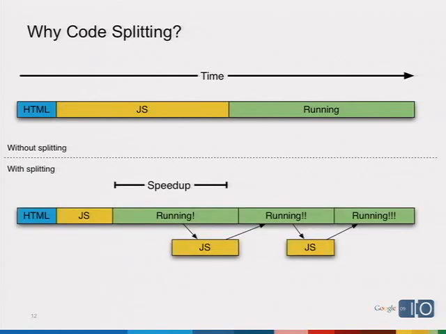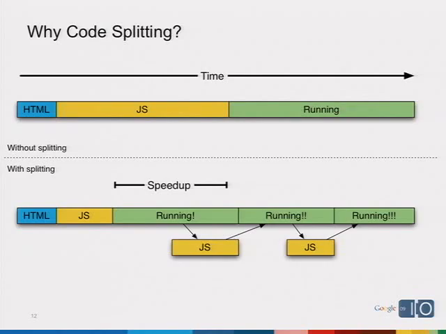So what happens with code splitting is you can break that JavaScript into chunks, and so the user experience goes: load the HTML host page, load the startup fragment, which is the leftmost JavaScript that you see here. Then the code can start running, and because the code splitting API is designed to be an asynchronous fetch of code, the user can continue using the application even while the lazily loaded fragment of code is still being fetched in the background, because the network might take a long time, right?